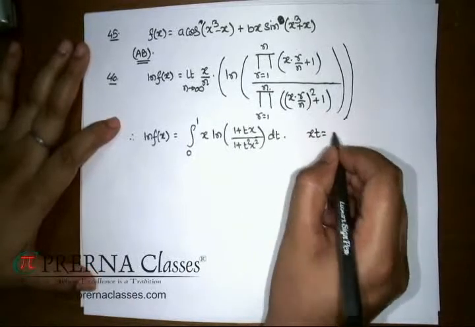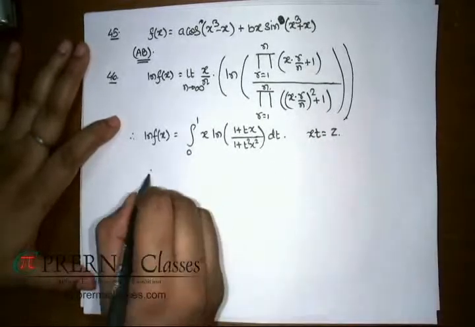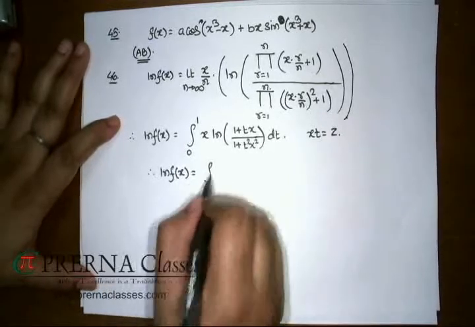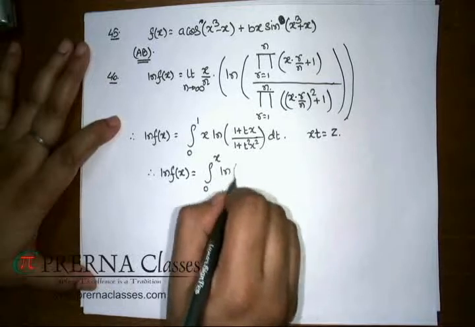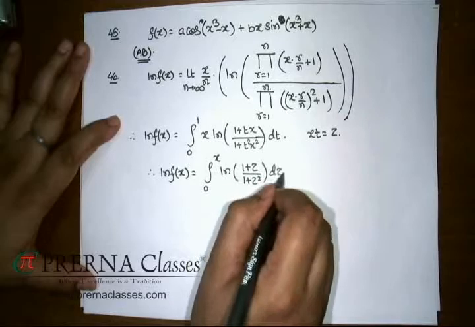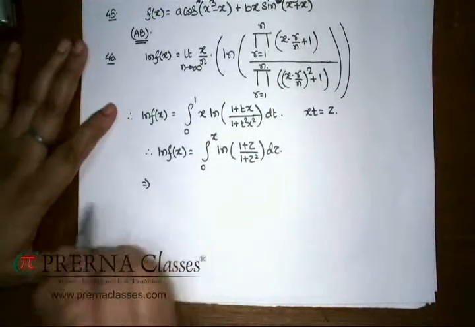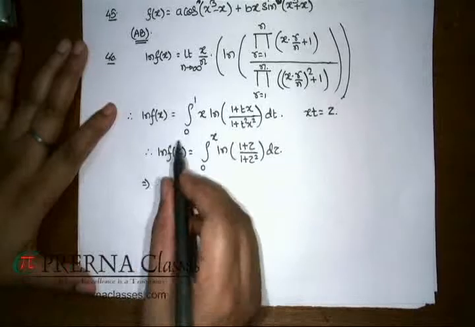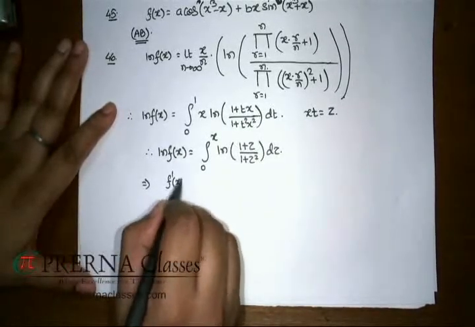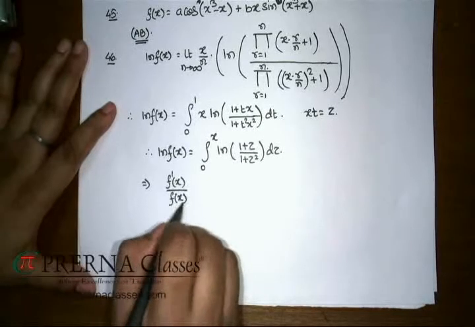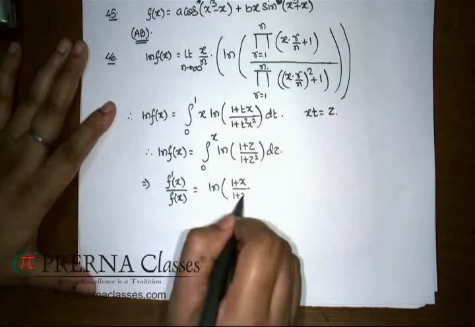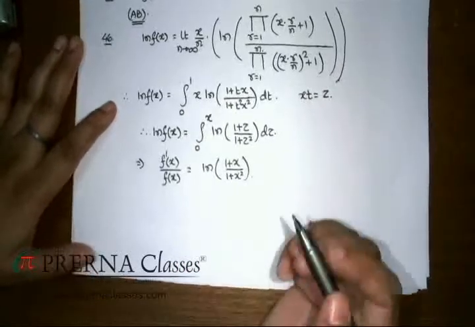Once you have got this integral, you can check that the substitution xt equal to z is going to make this integral even simpler than this. In one of the options you are dealing with f dash by f, that's why I am differentiating it. And if you differentiate this relation, f dash by f turns out to be ln of 1 plus x by 1 plus x square by the Leibniz formula.